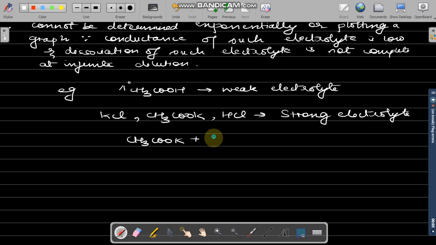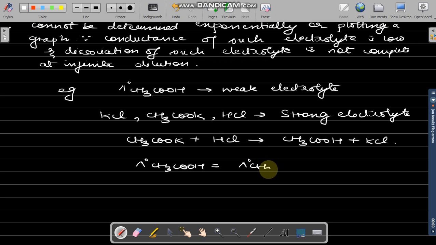When HCl is added to CH3COOK, it is going to give us acetic acid plus KCl. If we know the values of these, then we can calculate the molar conductivity for acetic acid. How? It is equal to the molar conductivity of CH3COOK plus HCl minus KCl.